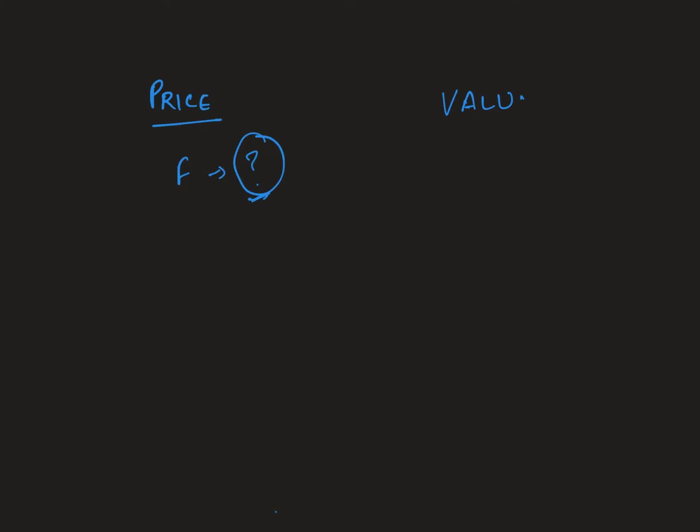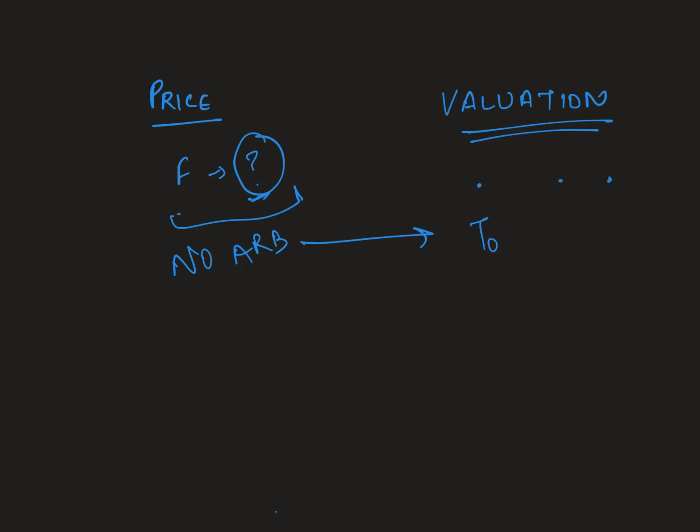Valuation, on the other hand, is how much profit or loss you have at any given point of time. Now, do understand that whenever we find out the price from the rule of no arbitrage, the valuation at time 0 would always be 0. That is at the beginning of the contract.